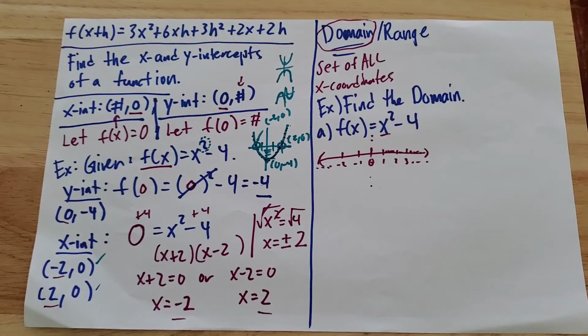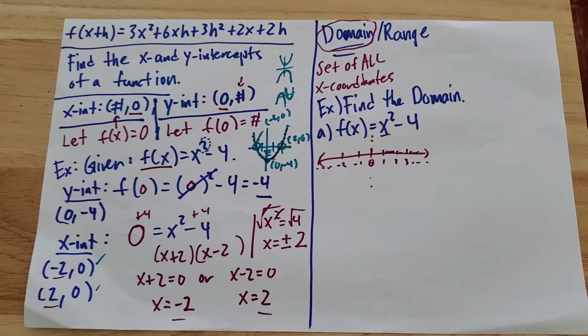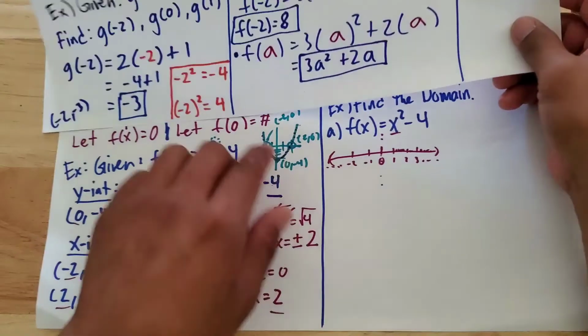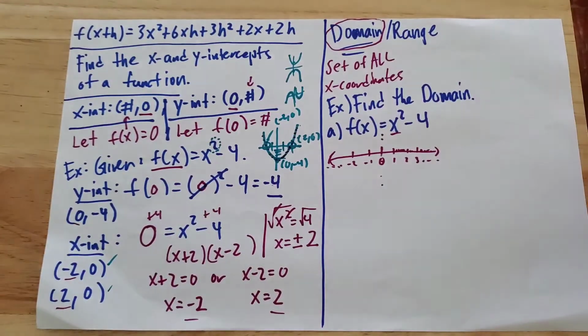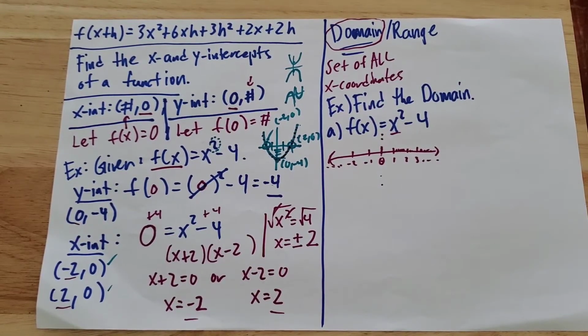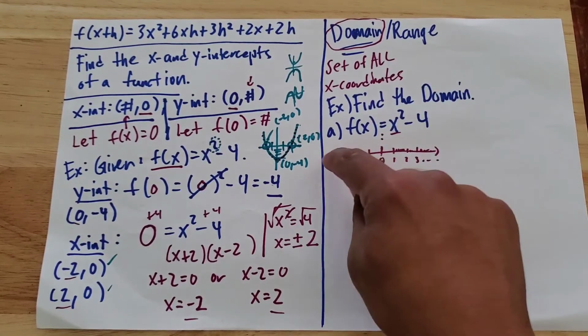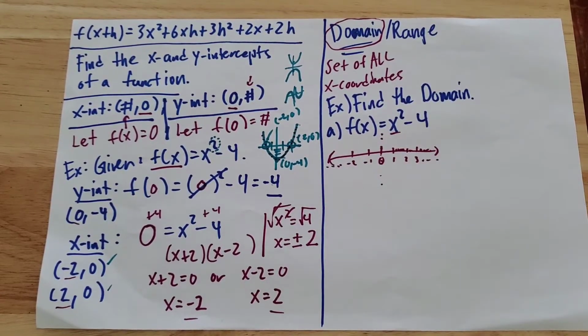We already saw that if you square -2, that's just going to give me 4. So that would be fine. And the idea is there isn't anything that doesn't work. Every single number on this x-axis will work perfectly fine in this function.